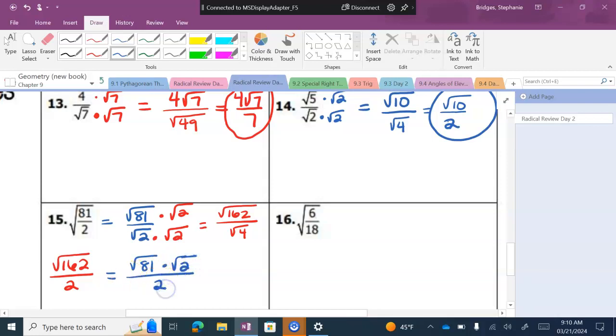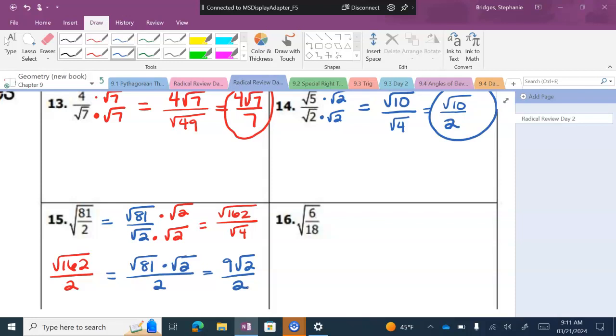And I'm just bringing over that denominator. It doesn't change. I've already simplified it. What is the square root of 81? 9. Okay. That square root of 2 cannot simplify, and that's going to stay over 2. The square root of 4 turned to the 2 that's now on the bottom. Okay.